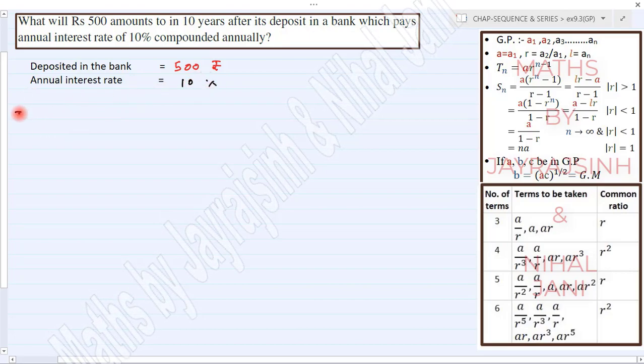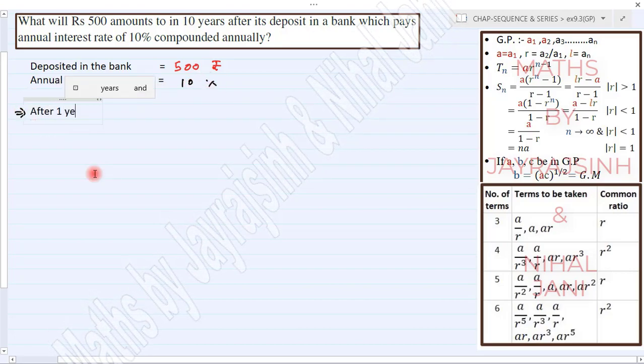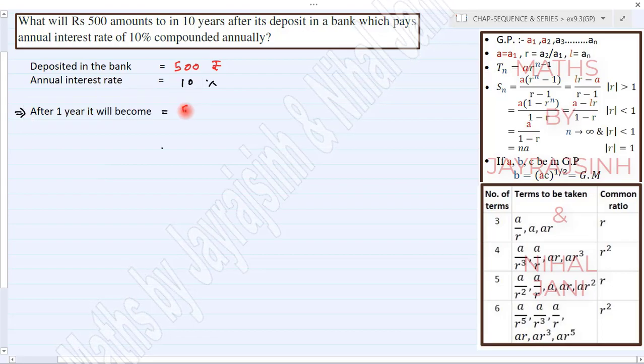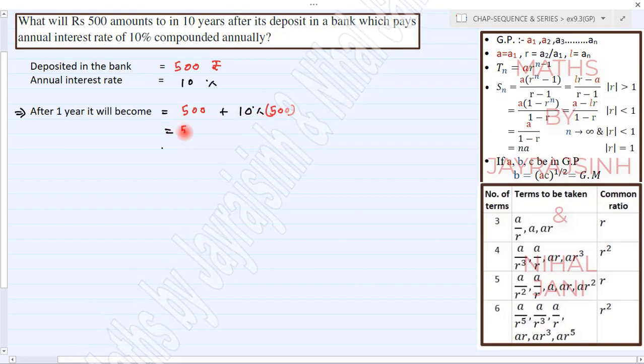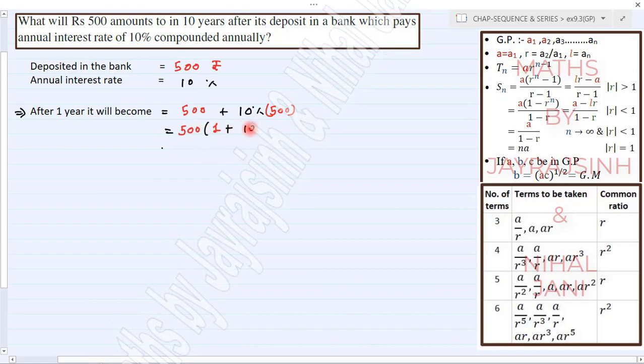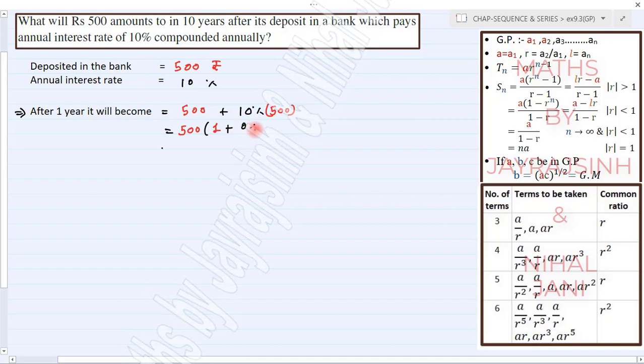So we can say after 1 year the amount will become the originally deposited 500 plus 10% of 500, or we can take 500 common and we'll get 1 plus 10%, which is 0.1.